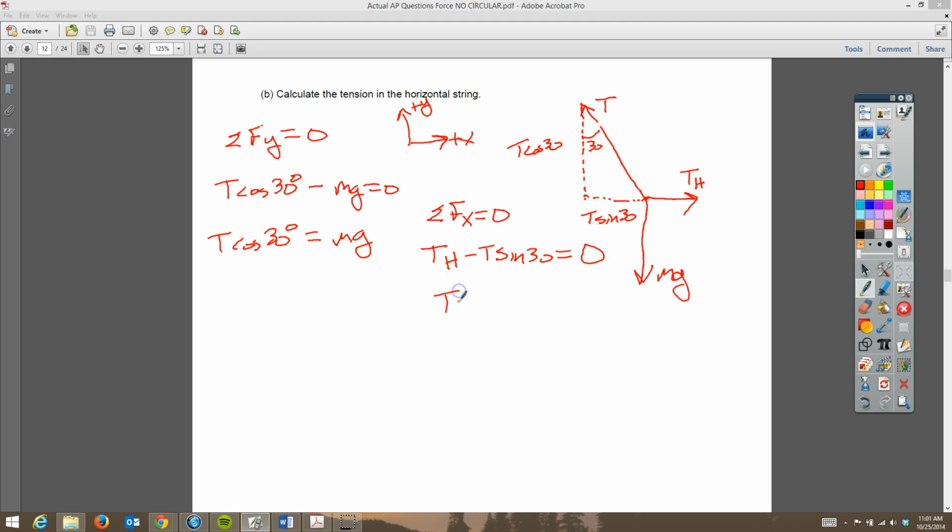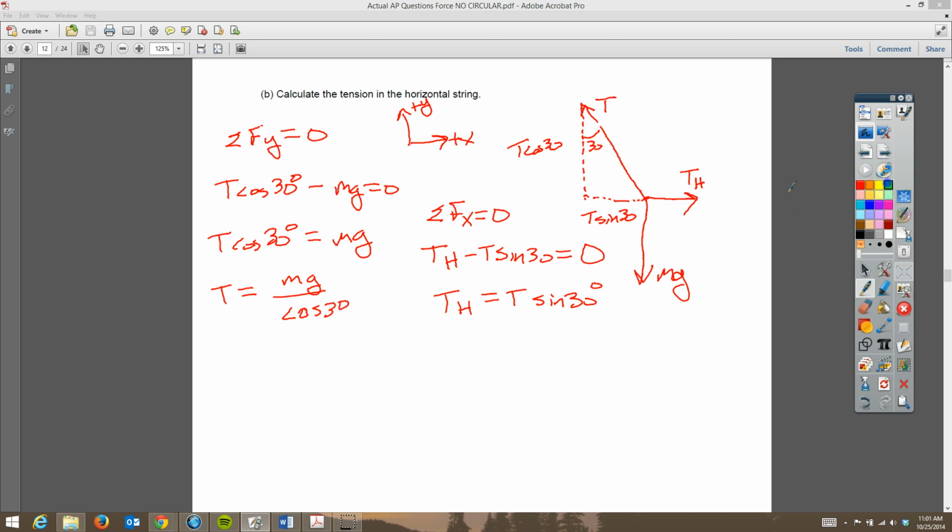So at this point, the horizontal tension is equal to T times the sine of 30 degrees. Alrighty, so now that we have that, let's go ahead and solve this side for T. So T is equal to mg all over the cosine of 30 degrees.